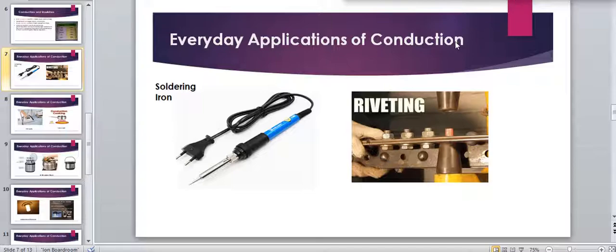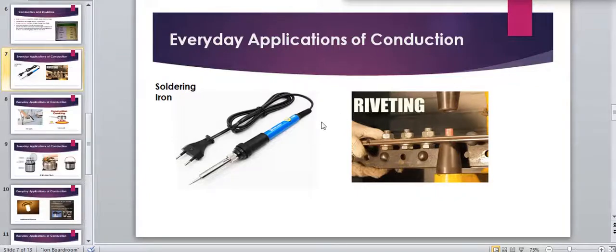Why is the tip made of copper, not of iron or any other metal? As we have discussed, copper is the best conductor of heat. That's why the tip of this soldering iron is made of copper.